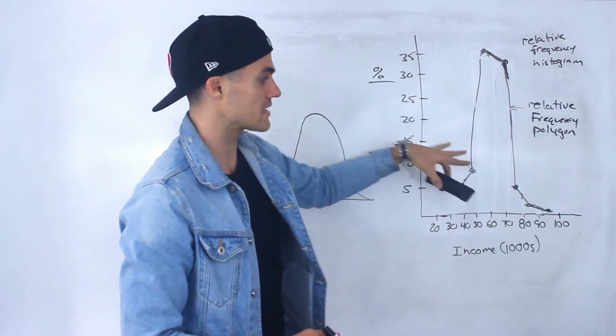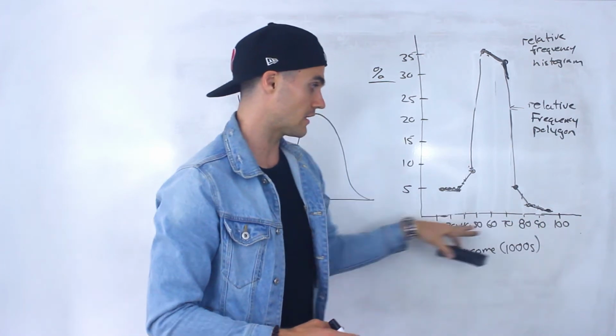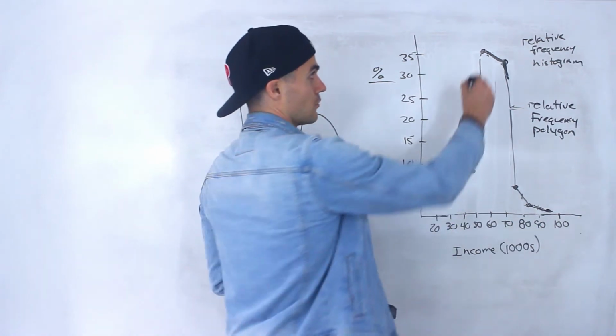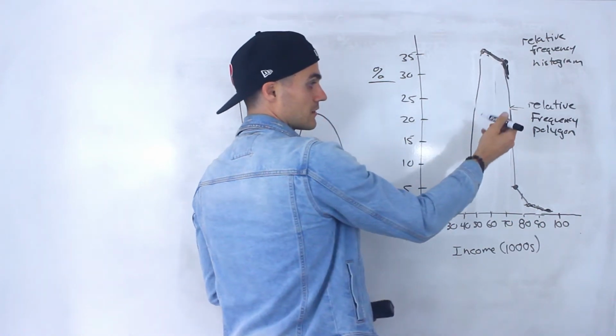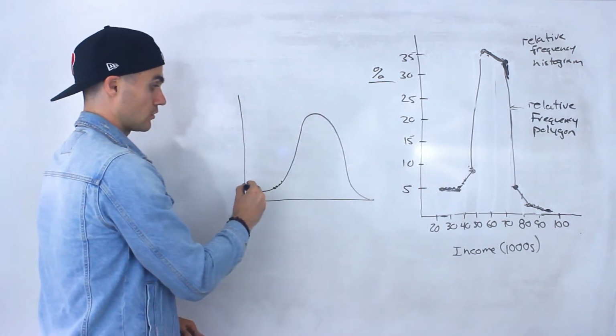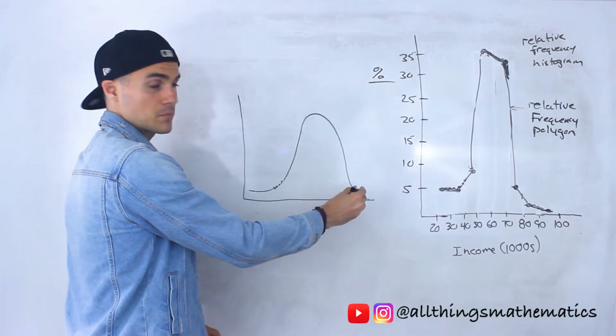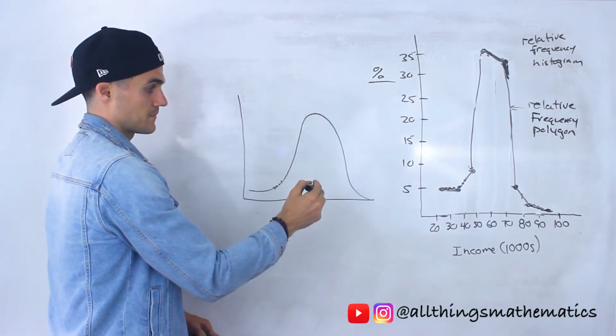So the fewer dots there are, the fewer intervals you're working with on that x-axis, the sharper these edges are going to be. And the more dots you have, the more intervals you have, the fewer edges you're going to have, the more of a curve it's going to be when you connect all those dots.